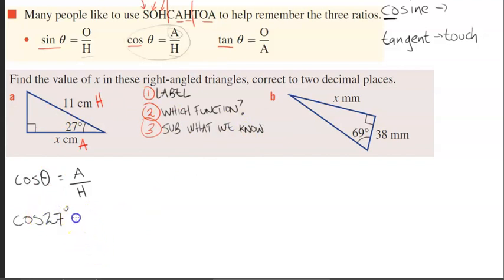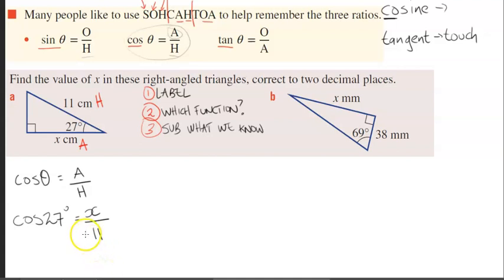So cos 27. And we know from the two sides, the adjacent and the hypotenuse, only one of these sides have been provided and the other one is what we're trying to work out. In this case, the adjacent is the side we don't know, but the hypotenuse is the side that we do.